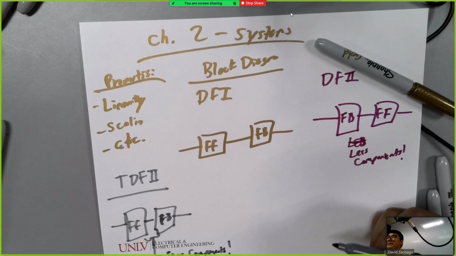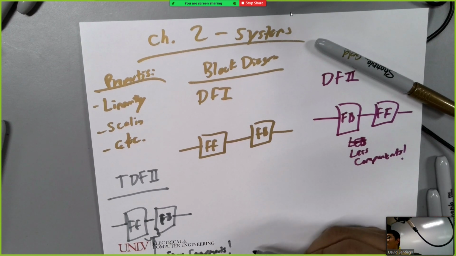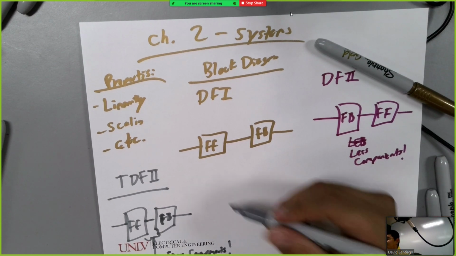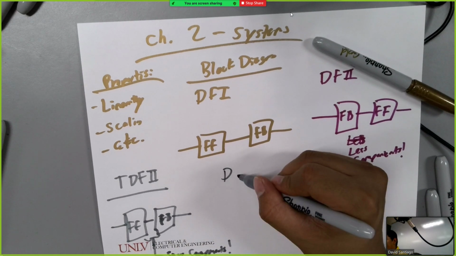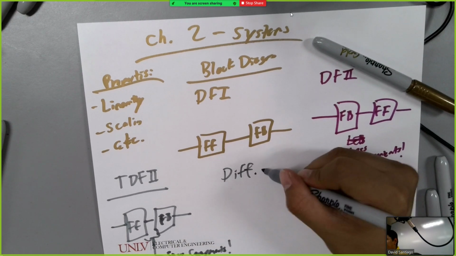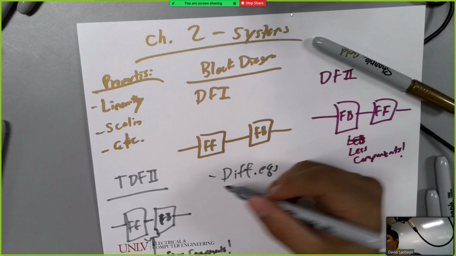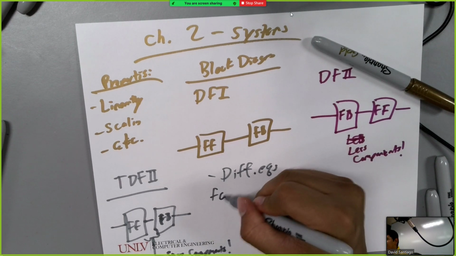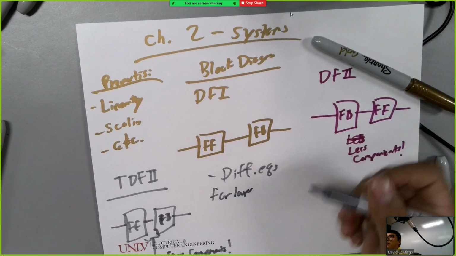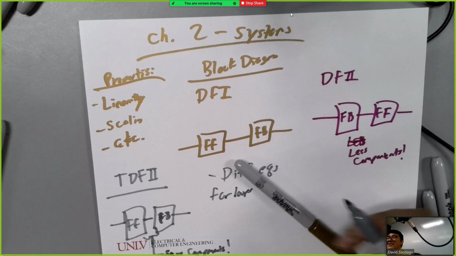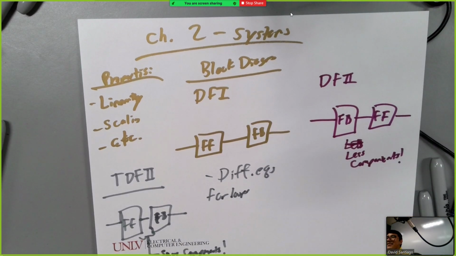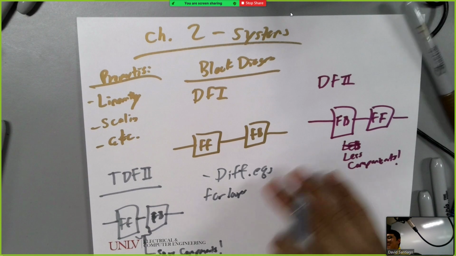And then from this we also did difference equations, diff EQs. Remember all those for loops? You can all implement for loops, right? If he asks you to implement this in code, it should be easy.